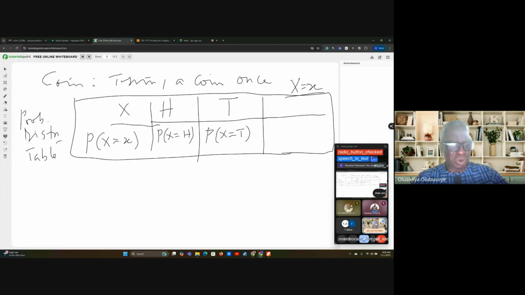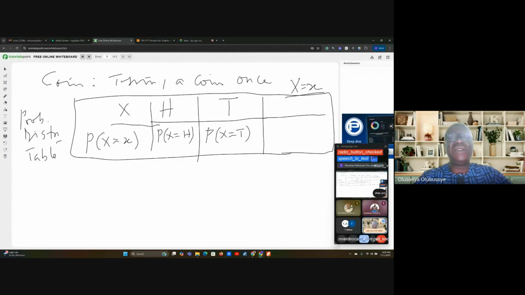So probability distribution simply gives us all the probabilities associated with all possible outcomes.